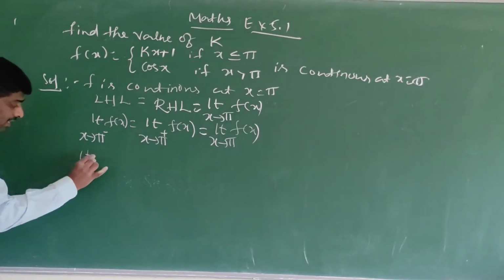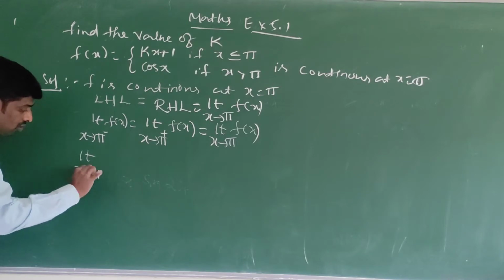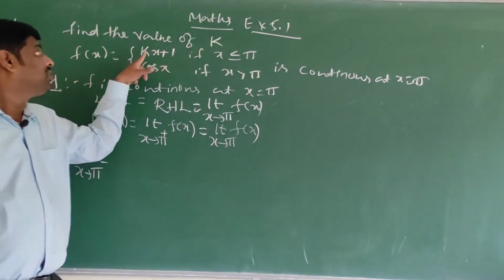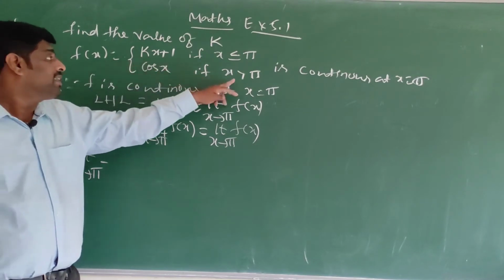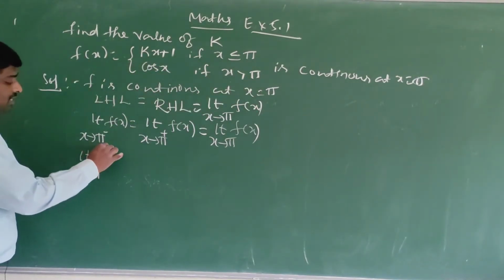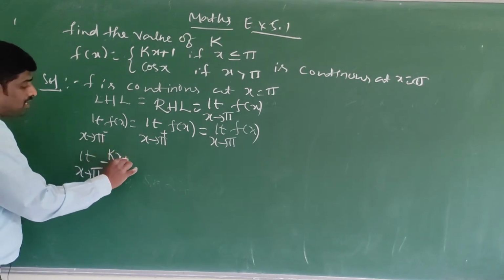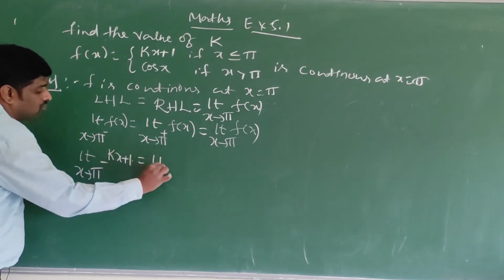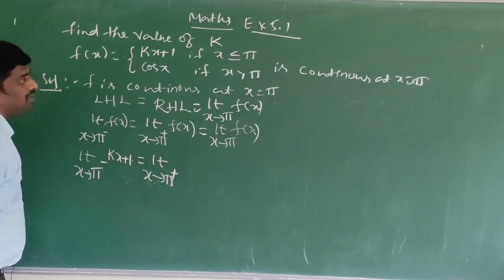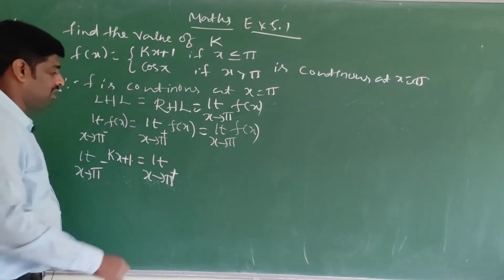That is, limit x tends to pi minus, less than pi is there, no, this is LHL. Greater than pi is there, no, this is RHL. That is, kx plus 1 equals limit x tends to pi plus, what is greater than?